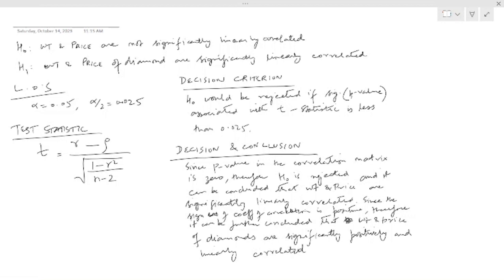This is how we can do this question. Okay.